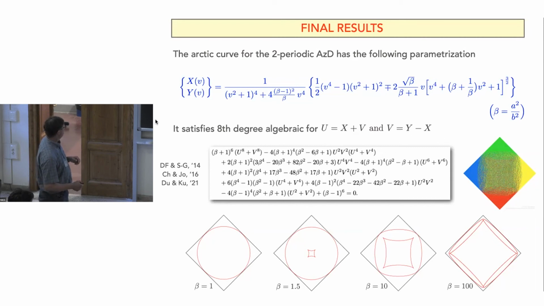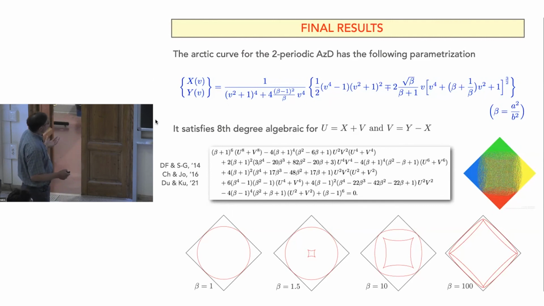So as I said, this algebraic equation was first derived by Philippe and Rodrigo. It was re-derived by Chhita and Johansson in 2016 by other methods, and re-derived again by another method by Duits and Kuijlaars in 2021. And these 2 contributions rely on calculation of the Kasteleyn matrix entries, inverse Kasteleyn matrix entries.